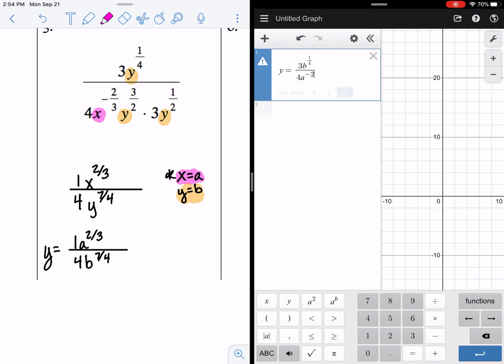Raised to the negative 2/3. Y again, so I'm really going to type b. Raised to division 3, then divide by 2. Arrow to the right. I have a 3. Times 3. And then y, so really b.